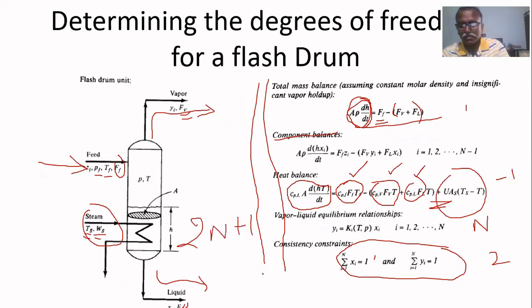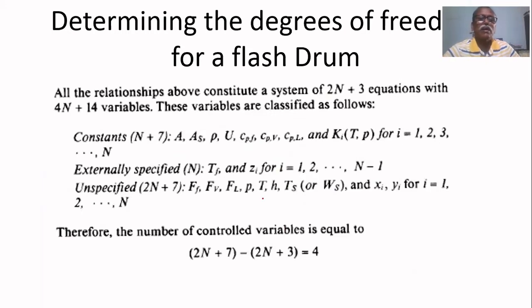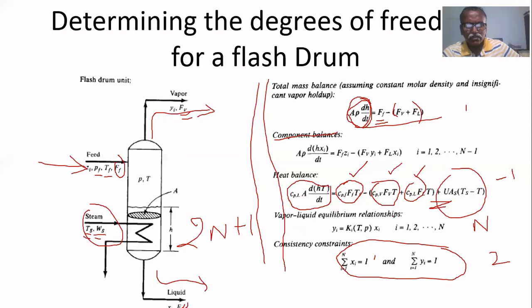How many variables are we having? All the relationships above constitute a system of 2n plus 3 equations. Sorry, I said 2n plus 3. 1, 2, 3.